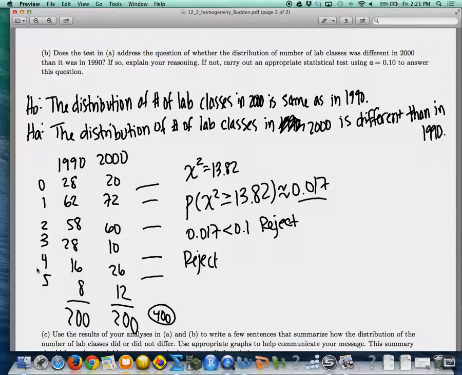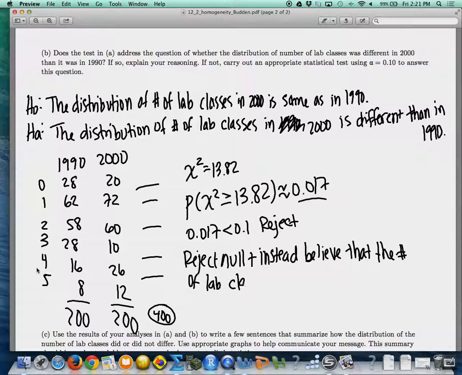So I'm going to say I reject the null and instead believe that the distribution of the number of lab classes has changed from 1990 to 2000.